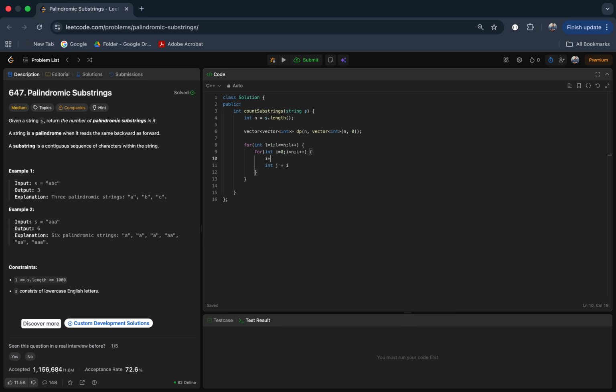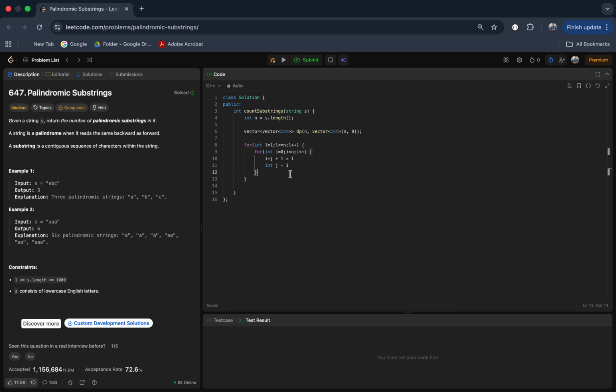Let's have it this way, i plus j equals L, but here it is plus 1 as I am taking the length as 1, so I need to increment the index by plus 1.